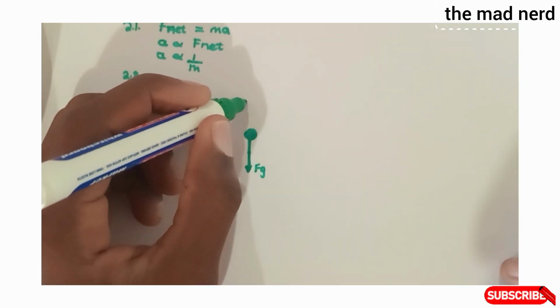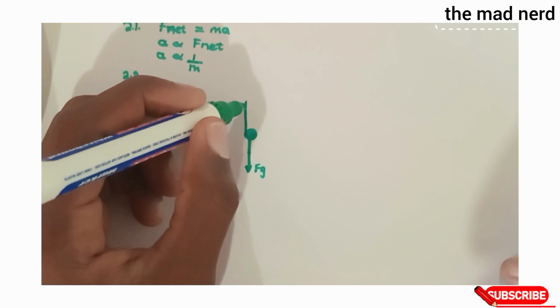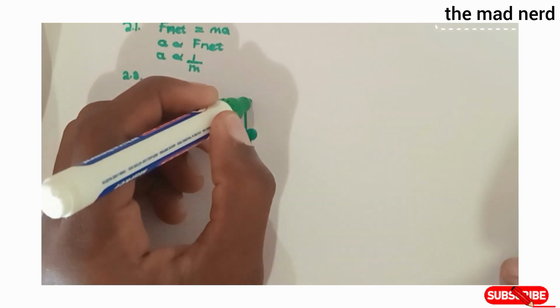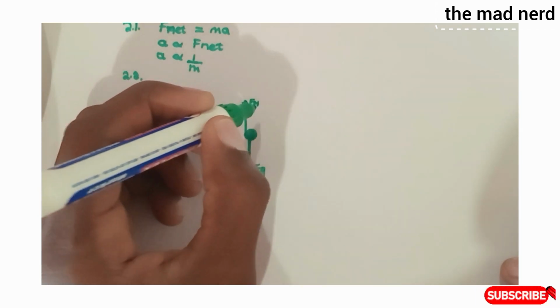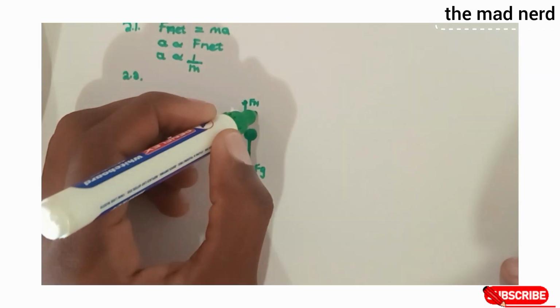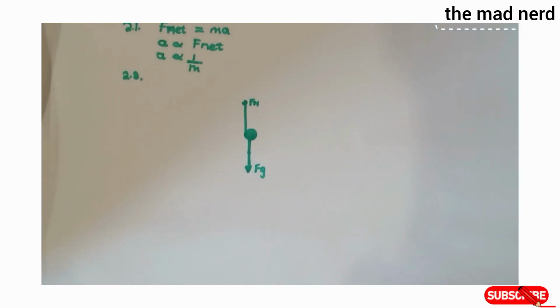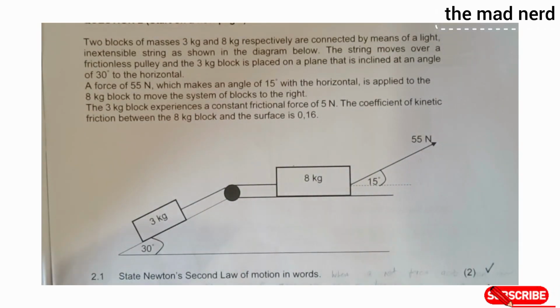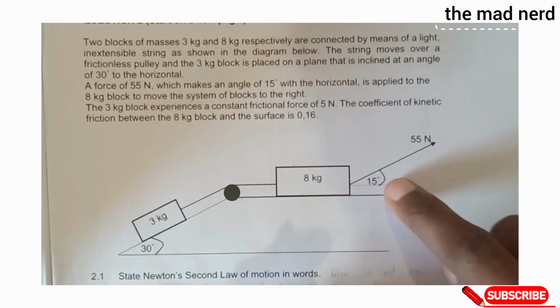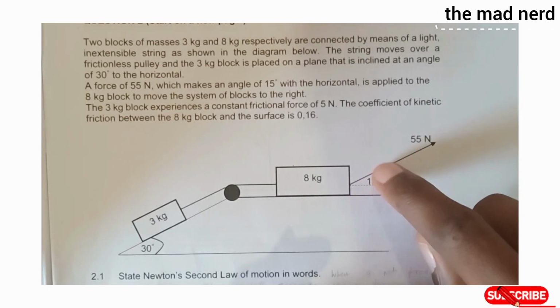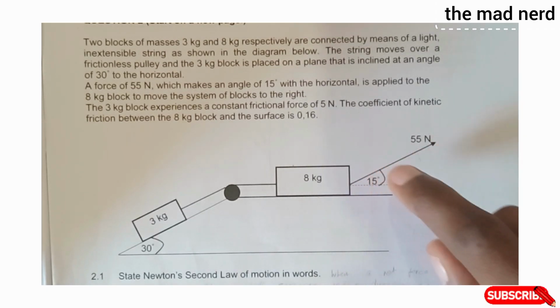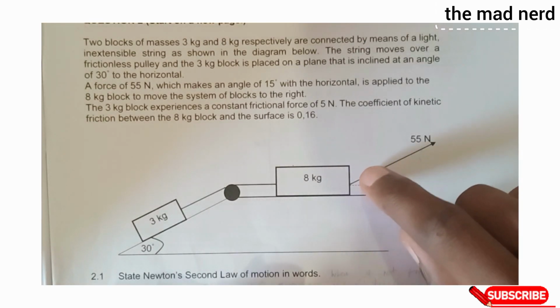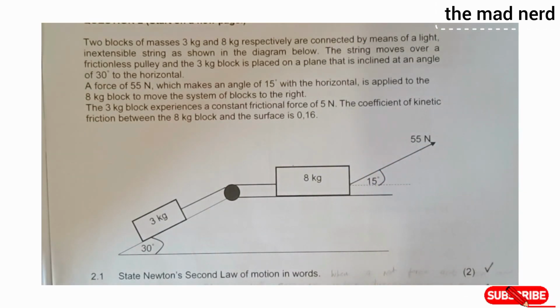We have a normal force, since it's on the horizontal surface. And now the applied force here, since the applied force has an angle, it makes an angle of 15 degrees.